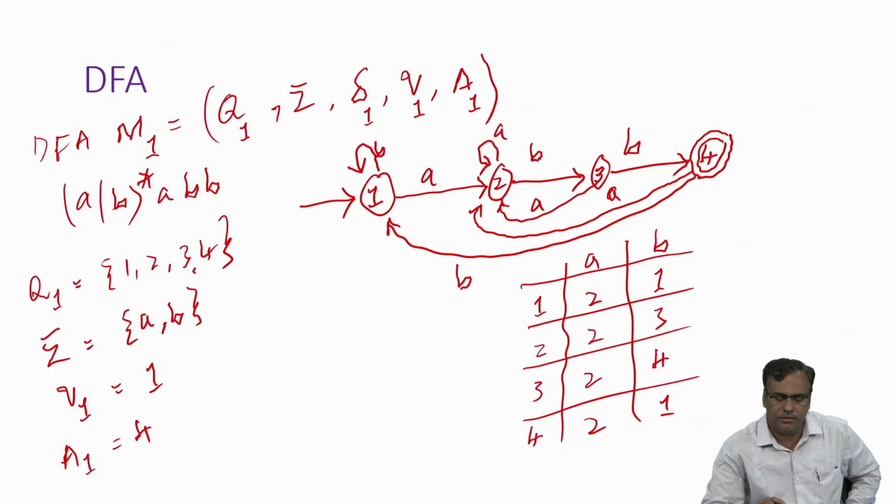So if you carefully watch the transition table of this NFA and DFA, in a DFA table you have single entries for a given state and an input symbol. For example, for 1A you have the entry as 1, for 1B you have the entry as 1. Like this you will have single states in the transition table.